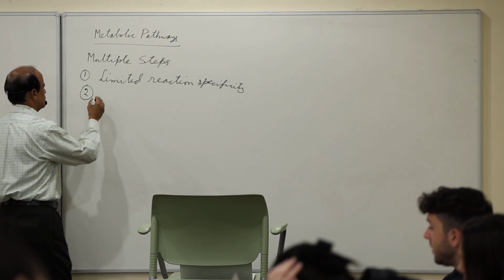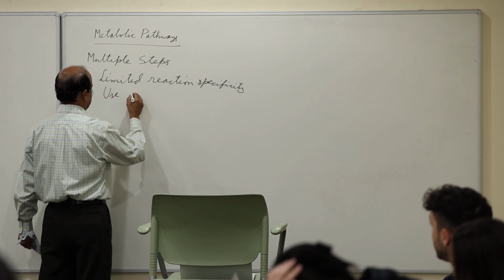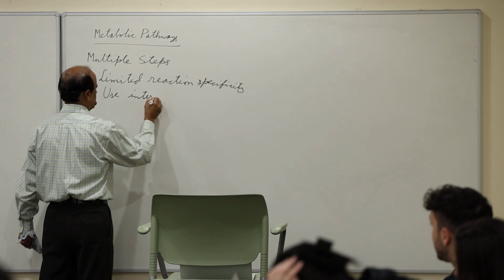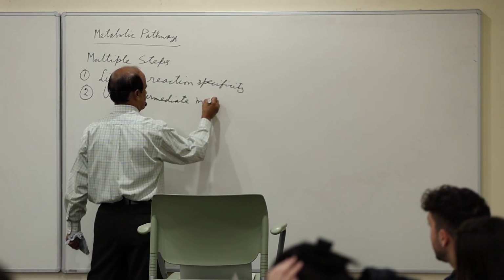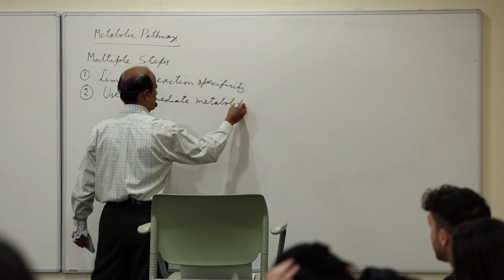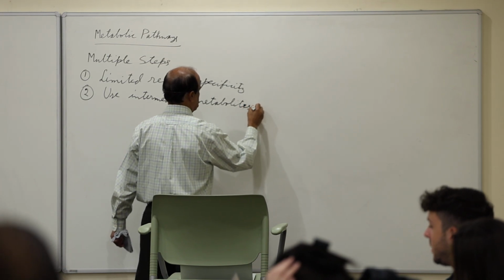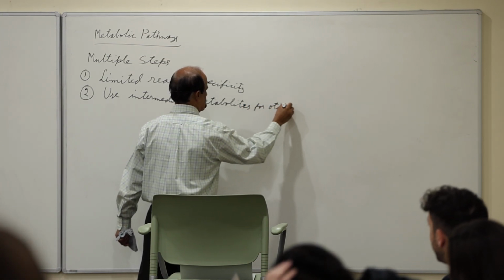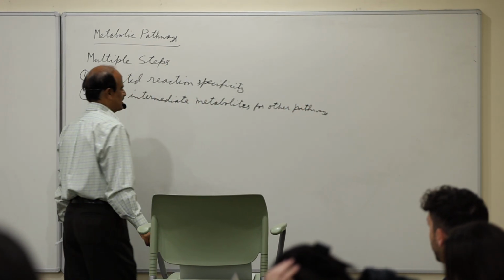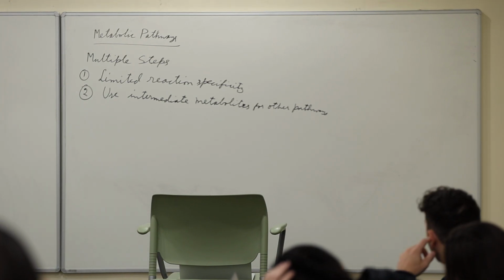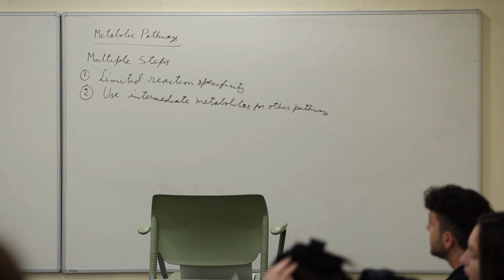Secondly, you can use the intermediates. If you have multiple steps, that means you have multiple intermediates, and those intermediates can serve as metabolites for other pathways.